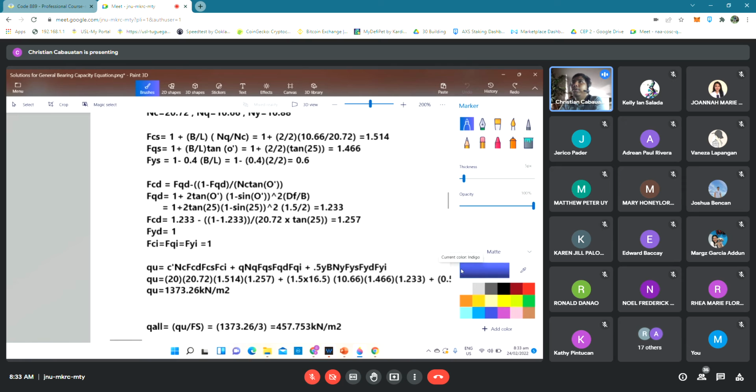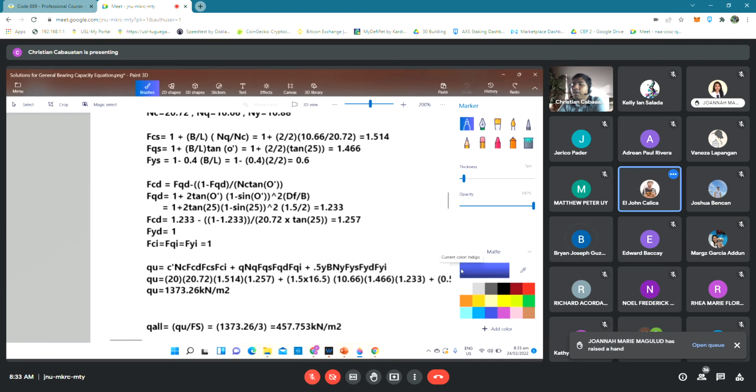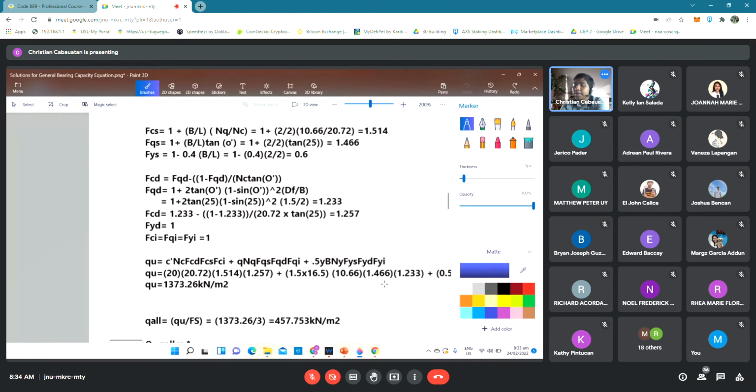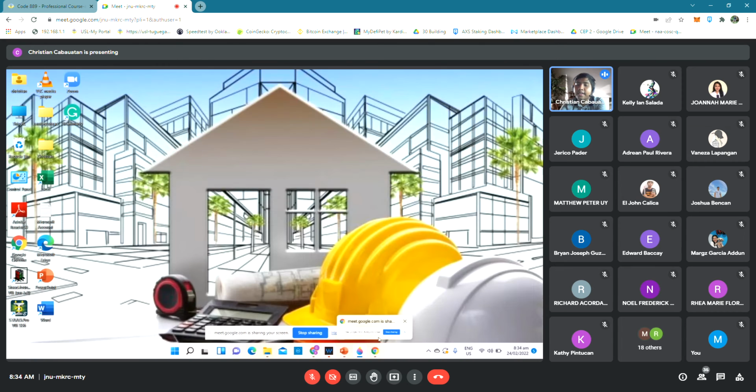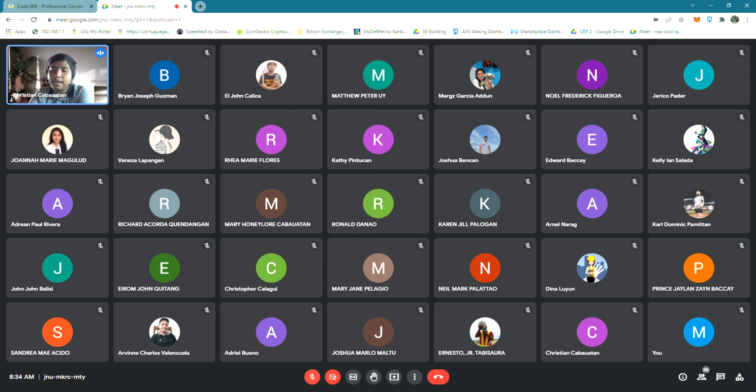So, paano natin hanapin si allowable load? Anyone from the group? Times sa area, sir. Okay, thank you. That's right. So ita-times natin si Q allowable kay area para matanggal natin yung kanyang meter squared.